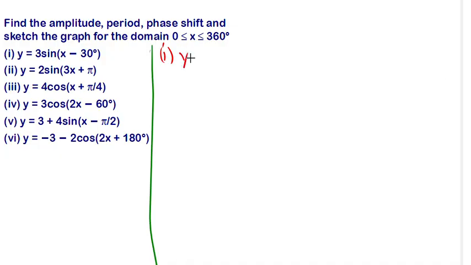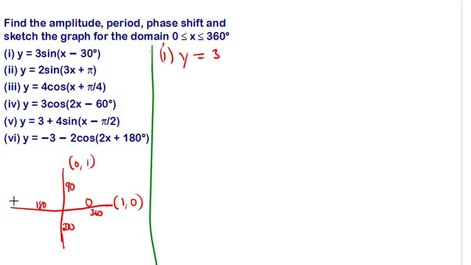The first one is 3. Remember the Cartesian product. It's very much important. This is 1 comma 0, then 0 comma 1, and this is negative 1 comma 0, then 0 comma negative 1. This is very, very important.